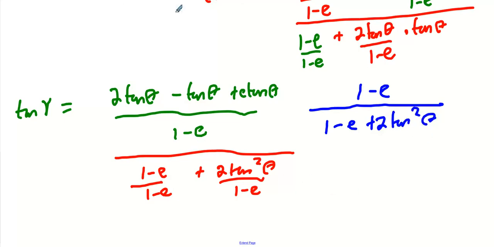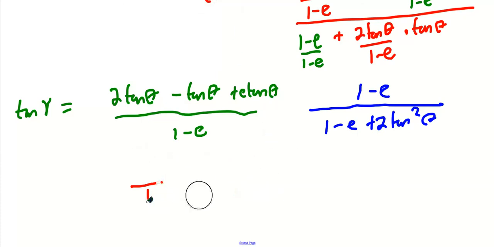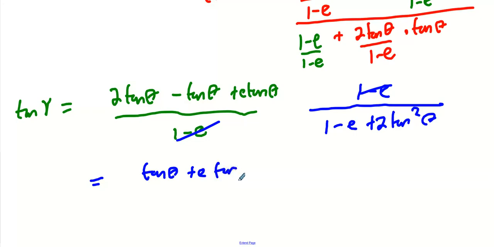The 1 minus e's cancel. Alright, so the 1 minus e's cancel. And what I'm hoping I get left with is tan theta plus e tan theta. And then on the bottom, it's going to be 1 plus tan squared theta minus e.